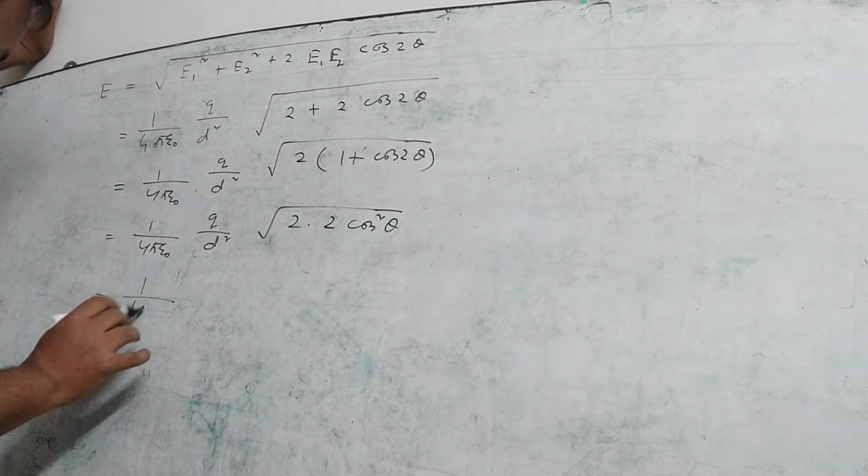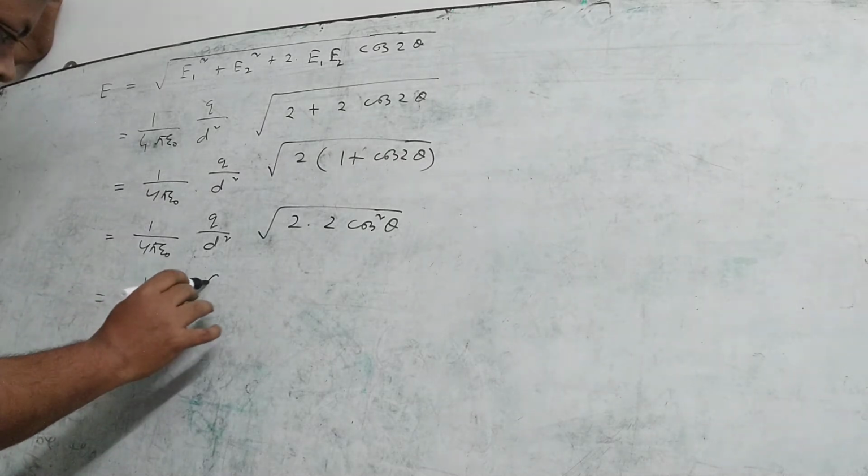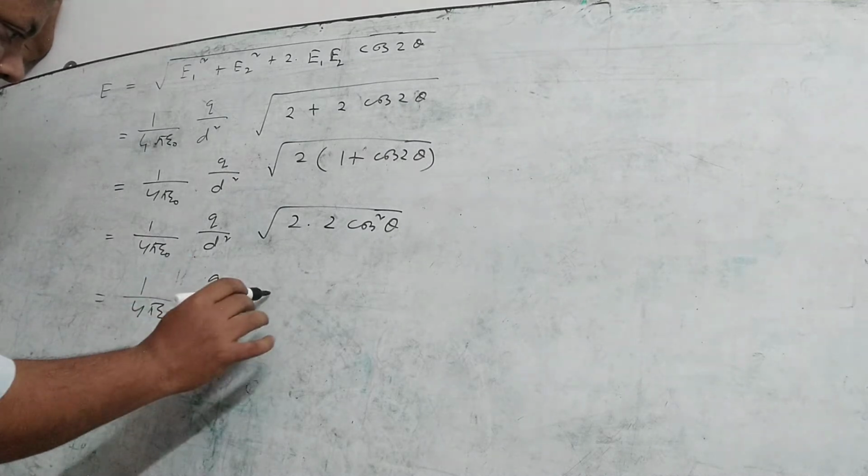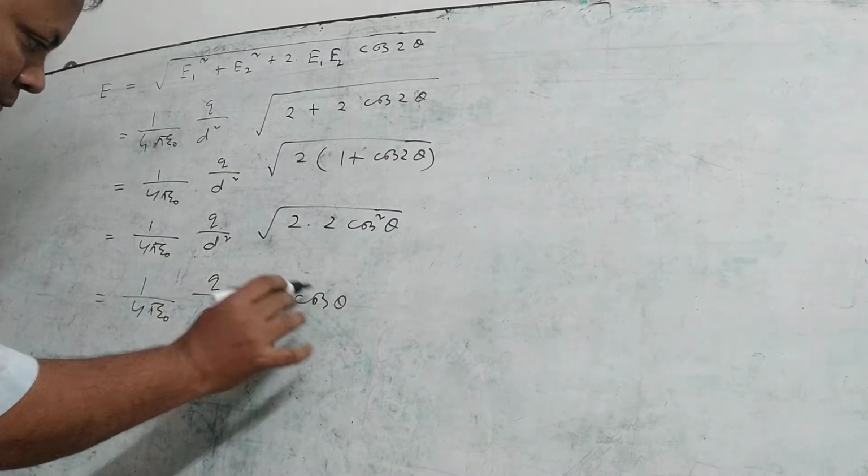This is equal to 1/(4πε0) Q/d² into 2 cos θ.